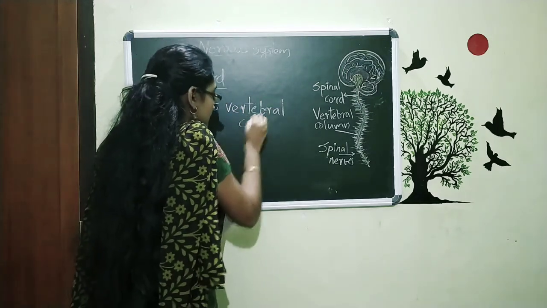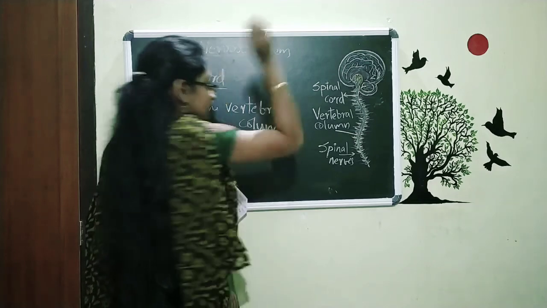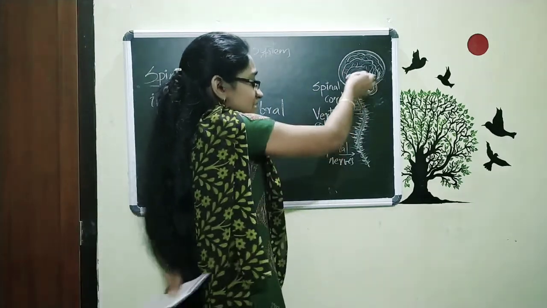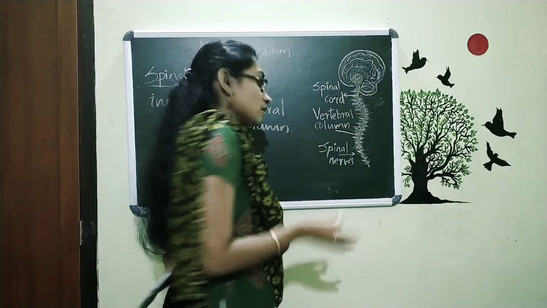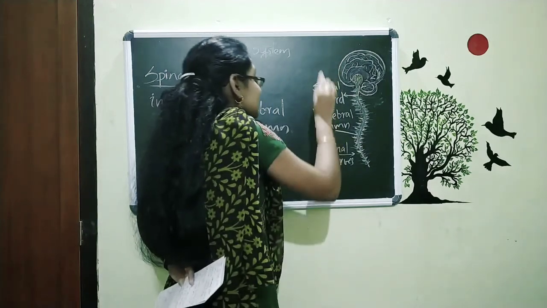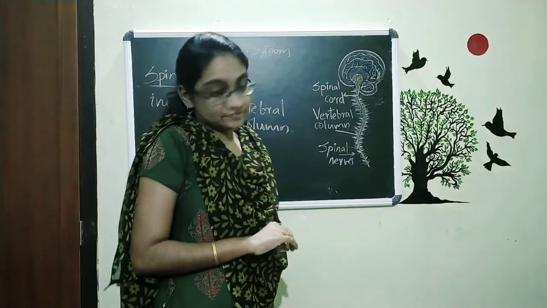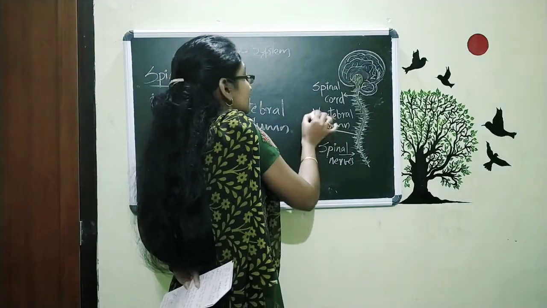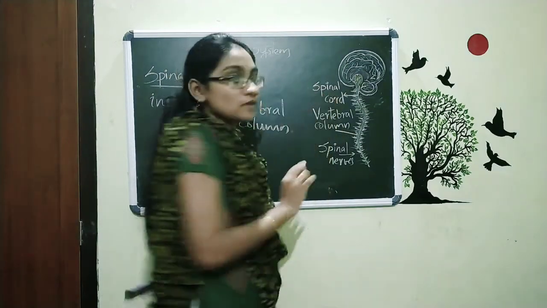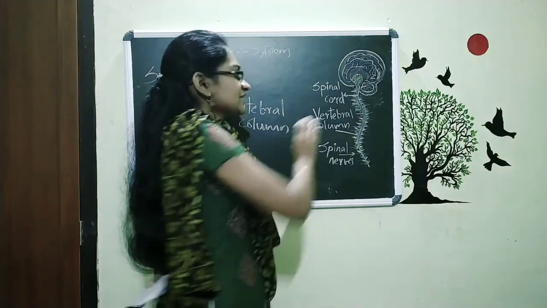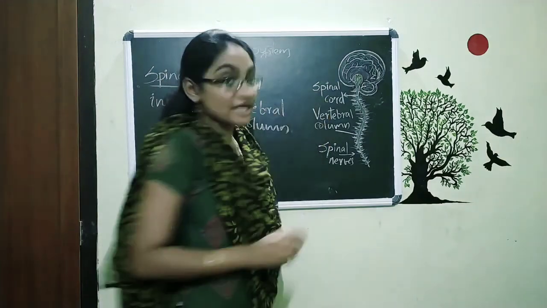The vertebral column means a number of bones joined together. We already studied this. Inside this vertebral column the spinal cord is there, so the vertebral column is a type of protective shield, a bone which protects the spinal cord.